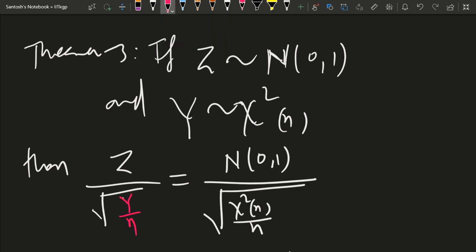This will have distribution tn, t distribution with n degrees of freedom. So standard normal in the numerator, and the denominator is the square root of chi-square n upon n. So that is the t distribution with n degrees of freedom. So these are the results.